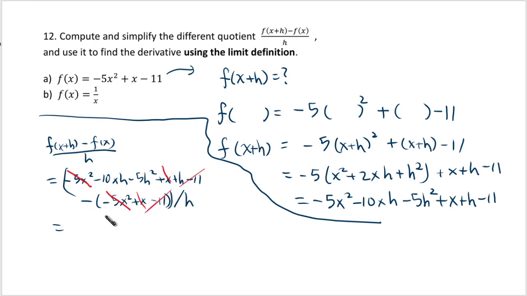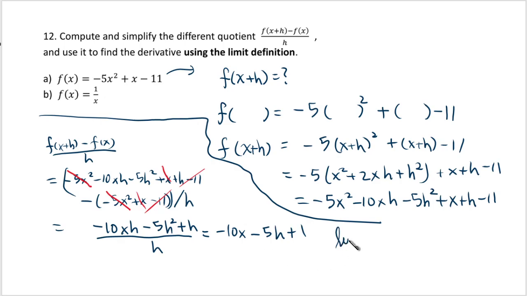Now the end result is that you end up with negative 10xh minus 5h squared plus h over h, and since every one of these is divisible by h, you can divide by h and get negative 10x minus 5h plus 1. And then finally, you can send the limit as h goes to 0 of negative 10x minus 5h plus 1, which equals negative 10x plus 1.